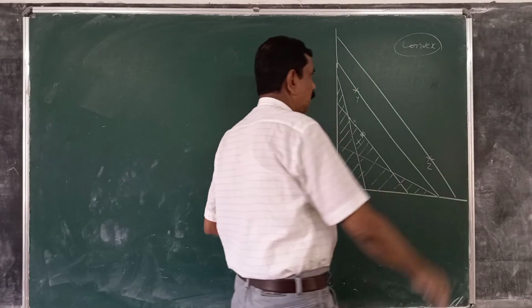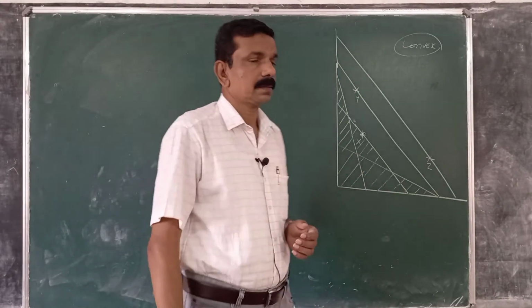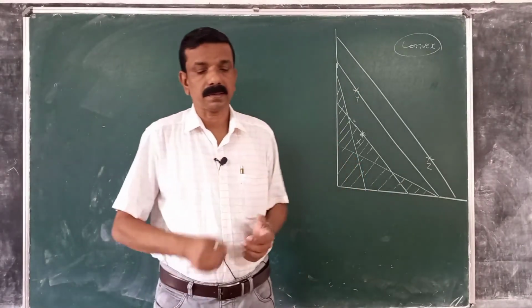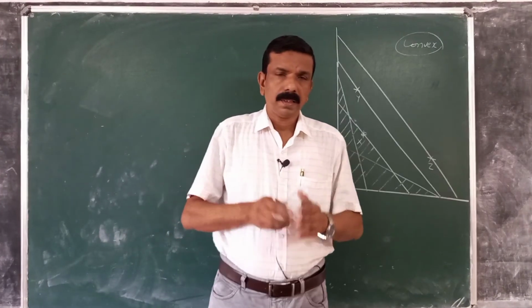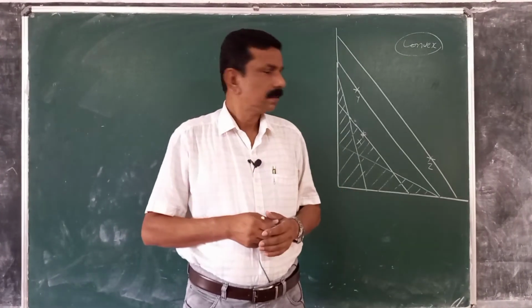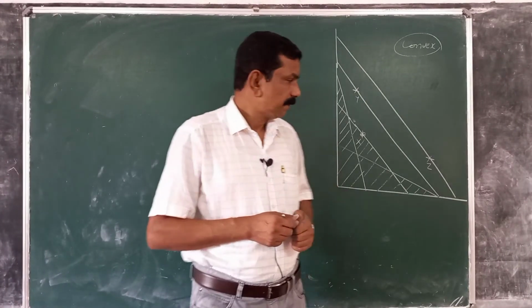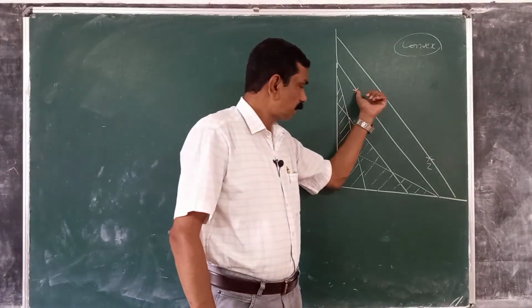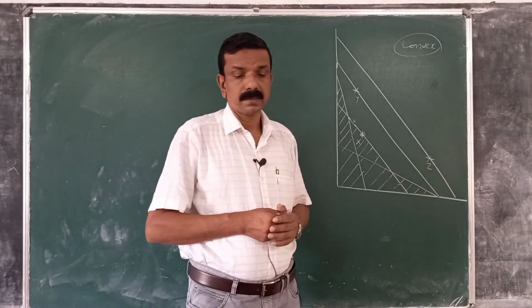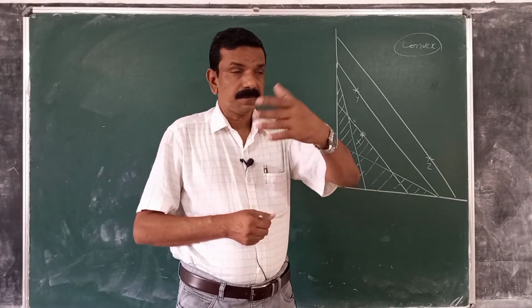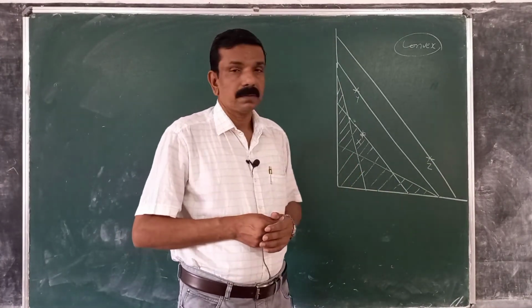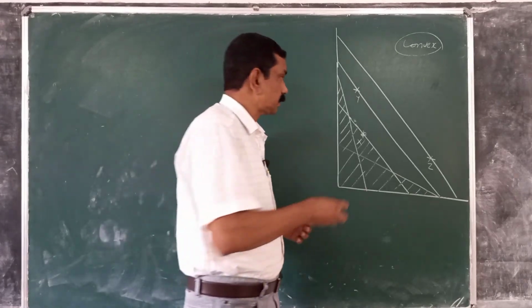Convex means more is preferred to less. Convexity, strict convexity. And if we assume that preferences are convex, then if you take weighted averages of Y and Z, these weighted averages are also preferred to X.